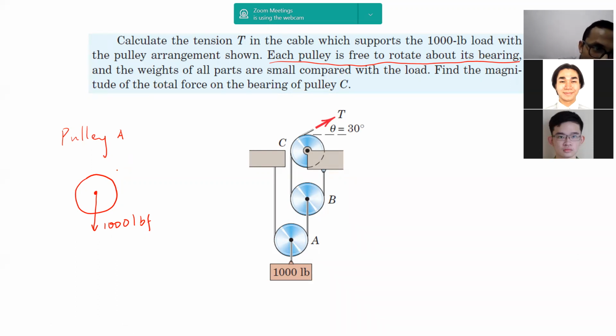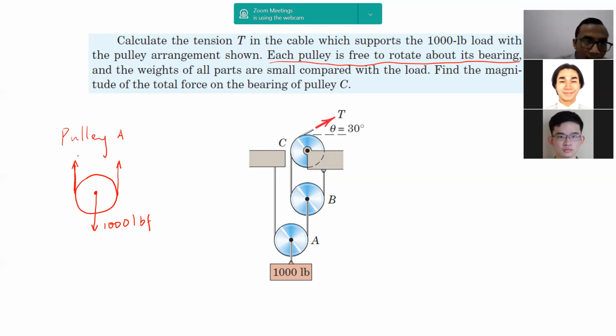If I want to draw the tension force here and here, which direction is it supposed to go? Up. Okay, yes, correct. It's going up.